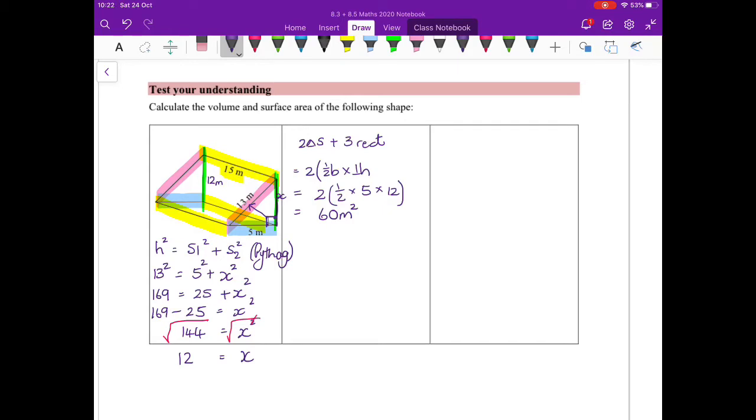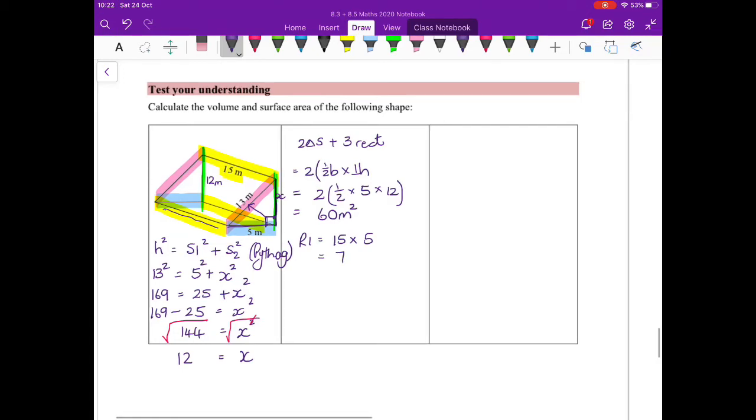Now I'm going to do the first rectangle. Rectangle 1 is going to be the yellow multiplied by the blue. So the yellow is 15 multiplied by 5, and that will give me 15 times 5 is 75 meters squared.